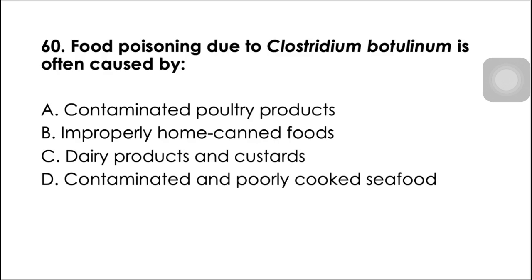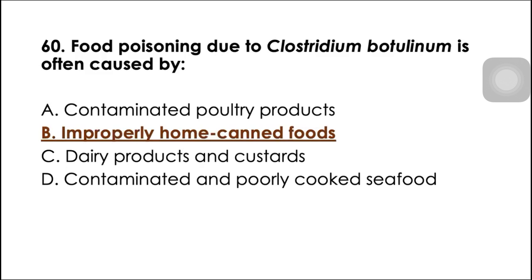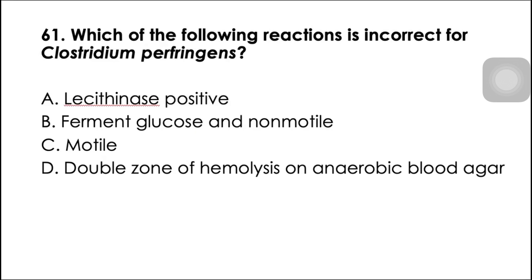In addition to Clostridium botulinum, lipase test is also positive to Clostridium novyi and Clostridium sporogenes. Again, yung Clostridium botulinum nga po is producing the most powerful neurotoxin causing flaccid paralysis. Biochemically po, it is lipase positive together with Clostridium novyi and Clostridium sporogenes. Okay? For this one, is caused by home canned foods nga po. So, we have 60, we have letter B, home canned foods.